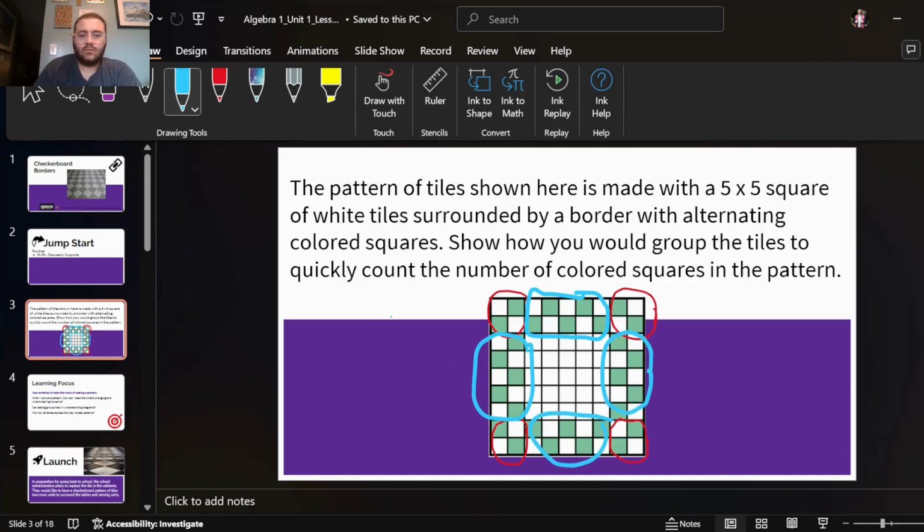So they'll think, oh, okay, that's 2 times 4, those are the corners, plus 5 times 4, those are the blue squares. And they'll quickly count them that way.